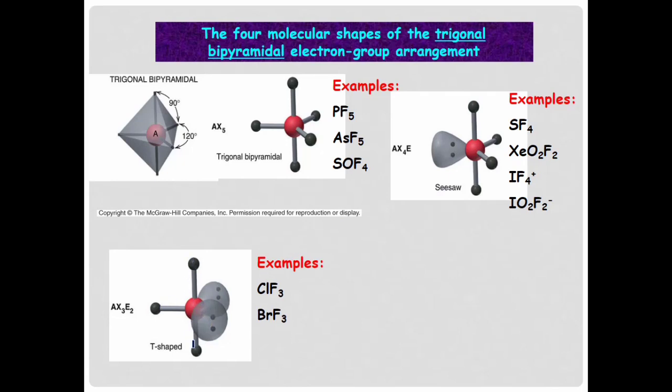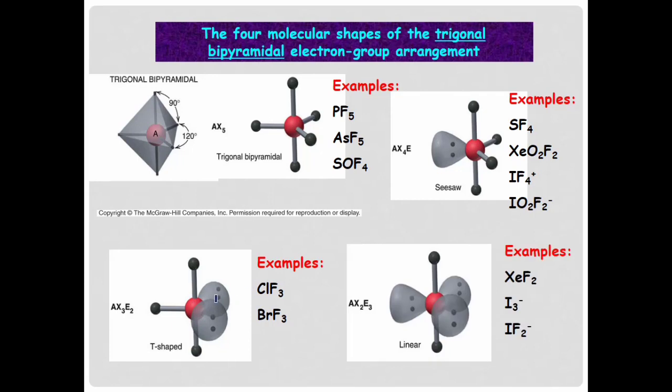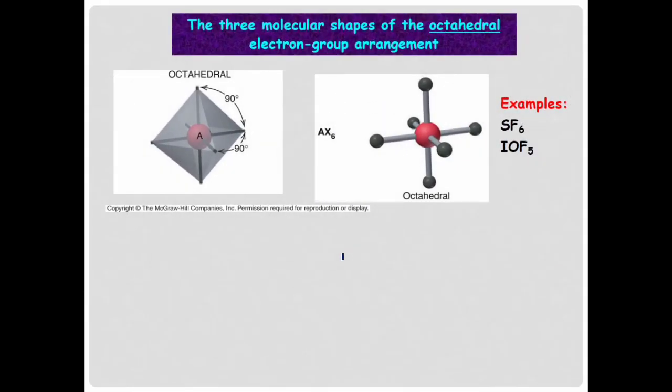The second one is T-shape. For T-shape, we remove two terminal atoms, and now it has two lone pairs. The symbol is AX3E2. Okay, example ClF3. And the third derivative of trigonal bipyramidal is linear. Three lone pairs. Now the symbol is AX2E3.